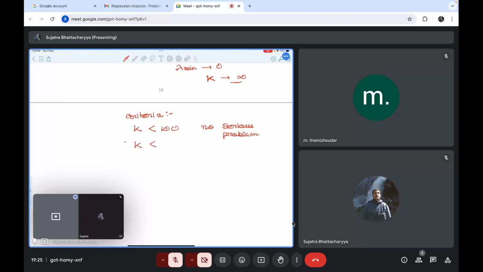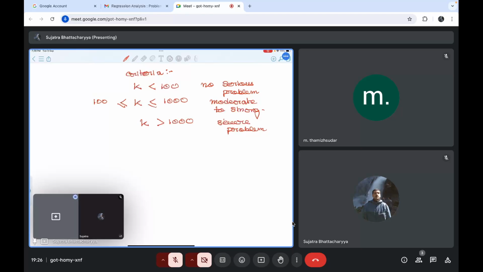Kappa between 100 and 1000, you have a moderate to strong multicollinearity problem. But if kappa is greater than 1000, a very severe multicollinearity problem is there. Okay, so this is another criterion of detection.